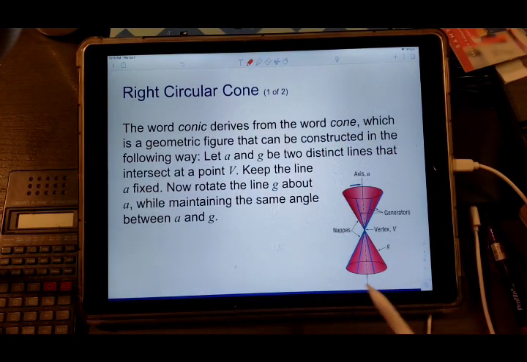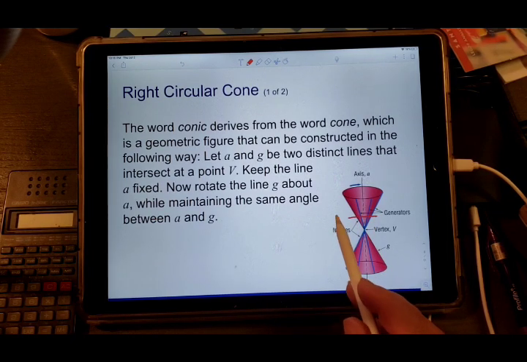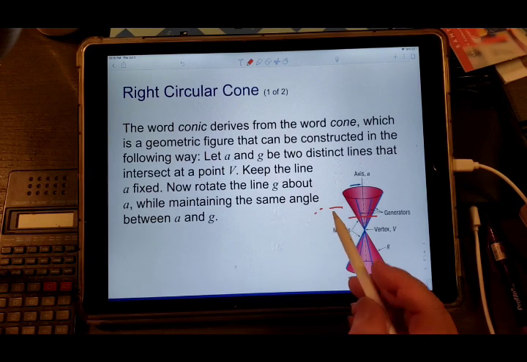So here's a cone. By the way, this is kind of more fun than serious science, but I'm going to go ahead and do something here. I'm going to chop this cone right here and just take it out.